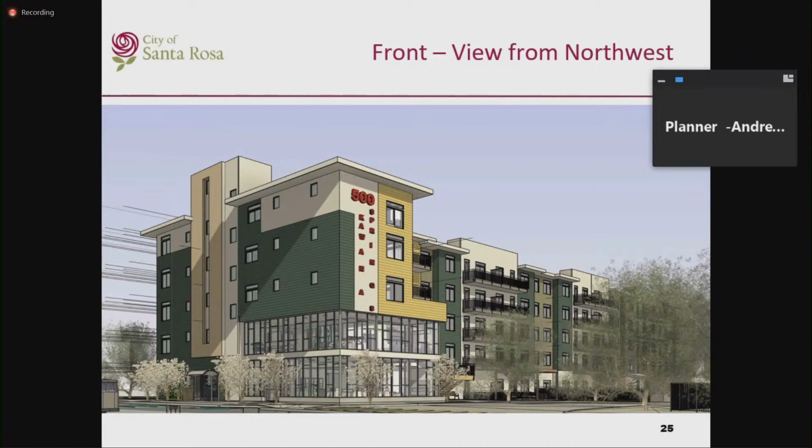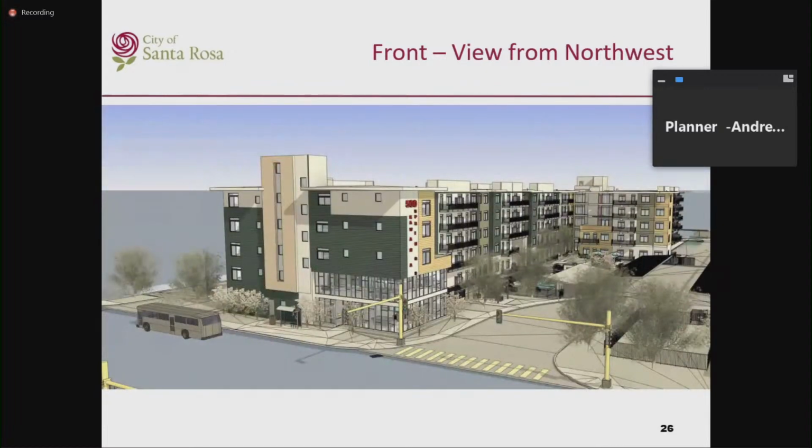The architectural design of the proposed development is compatible with the character of the surrounding neighborhood in that the building design is reflective of the intended use of the project, the residential use project, and of existing and planned residential uses in the area. Next slide, please.